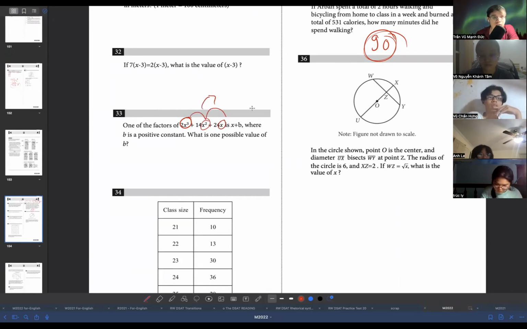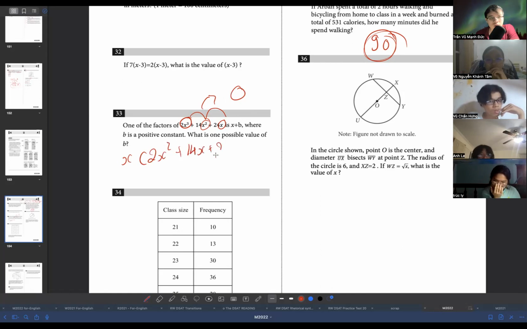So the very first solution is 0, right? So x times 2x squared plus 14x plus 24. The first one is 0. So x, you carry the x out. Next you factor this, because x plus b, where b is a positive constant, is one of the factors. x is one factor, and you can see that this contains at least 2 others.